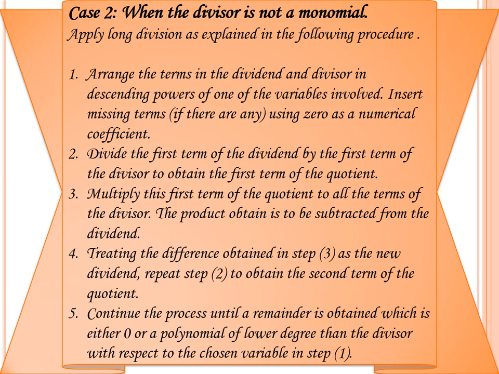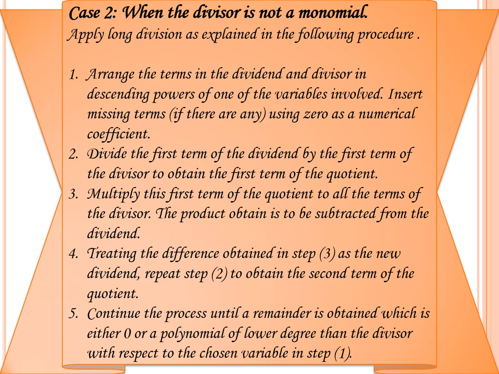First, arrange the terms in the dividend and divisor in descending powers of one of the variables involved, and insert missing terms if there are any using 0 as a numerical coefficient. Okay, step 2. Divide the first term of the dividend by the first term of the divisor to obtain the first term of the quotient.